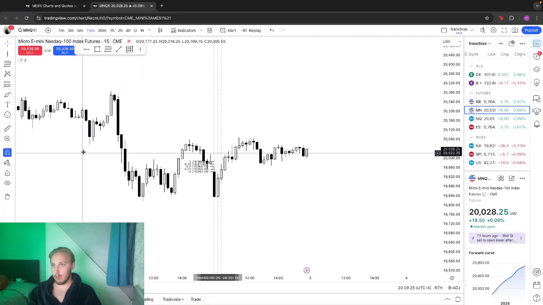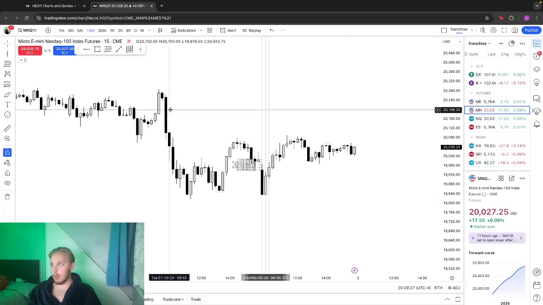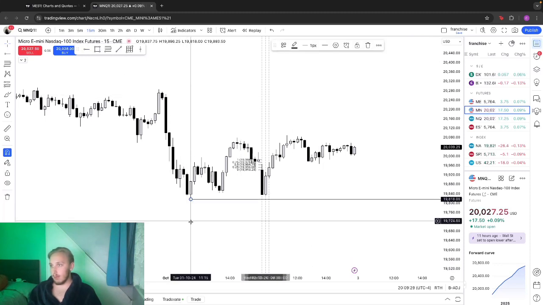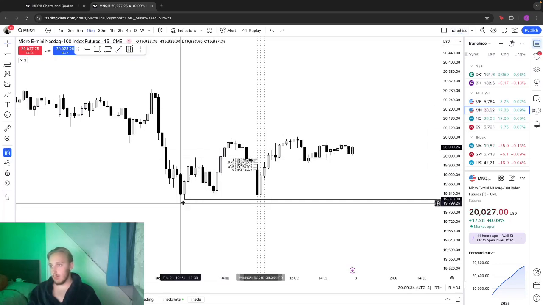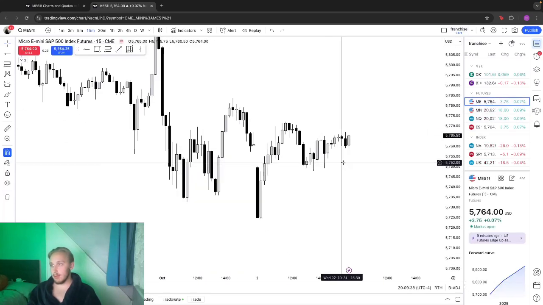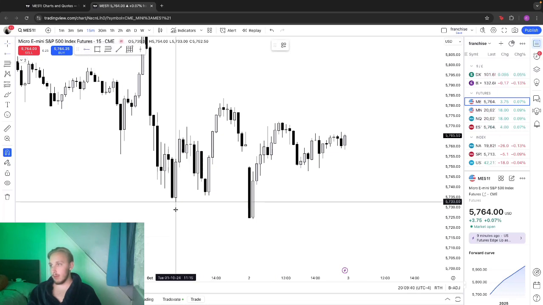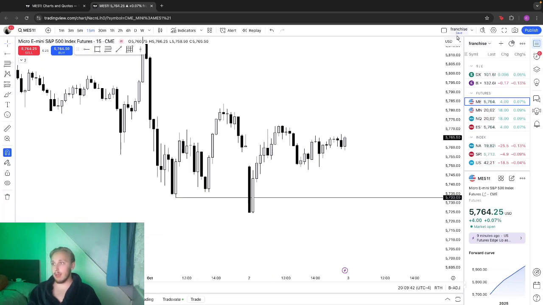However, here's what happened. Now we can see we've got buy side liquidity, sell side liquidity right here. If we look on MES, we've got the same buy side liquidity. Why is this valid?